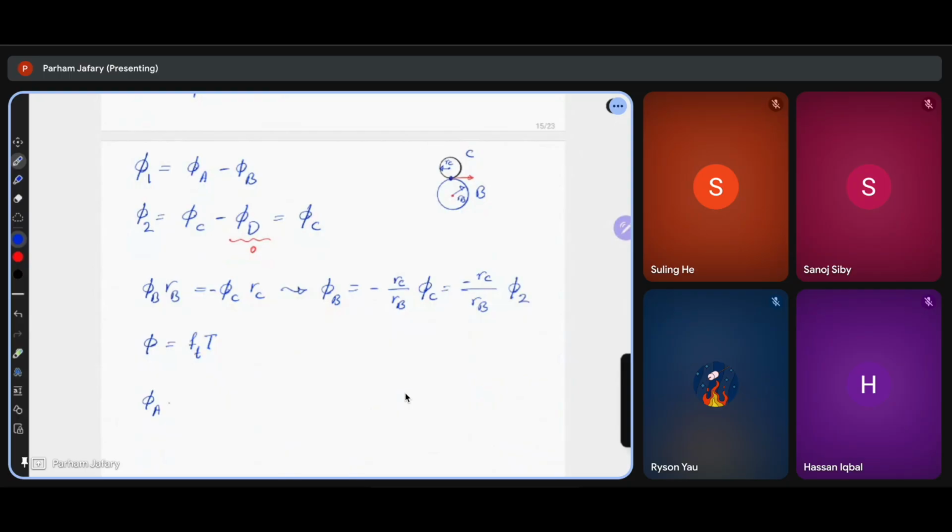So I can write phi of A is phi 1 minus phi B, and I can substitute phi B as the equation I got here.